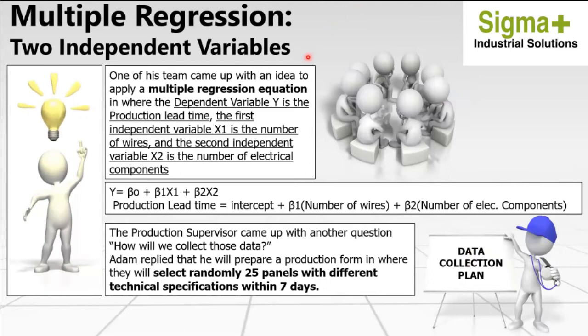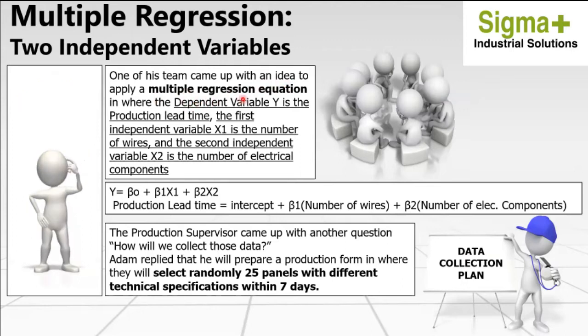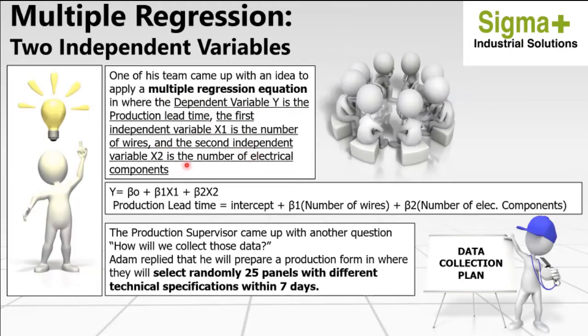So one of the team came up with an idea to apply a multiple regression equation where the dependent variable y is the production lead time, the first independent variable x1 is the number of wires, and the second independent variable x2 is the number of electrical components.